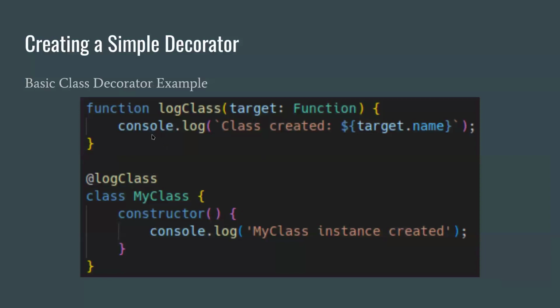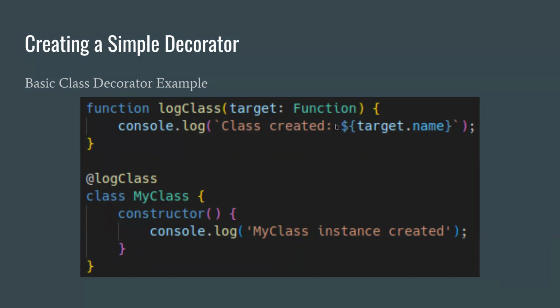So here's an example where we log the name of the class when it's being used. So we have MyClass, and we're logging this class by using a decorator, and it's going to log class created.